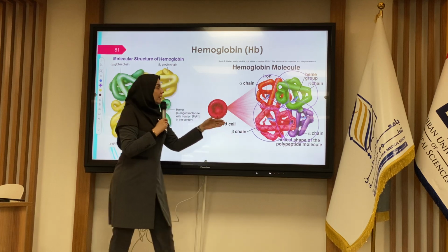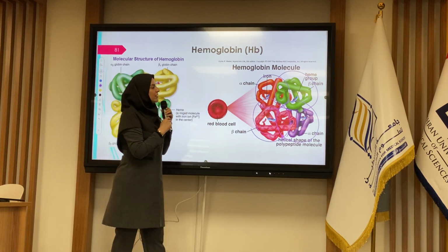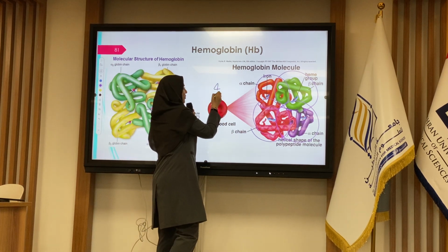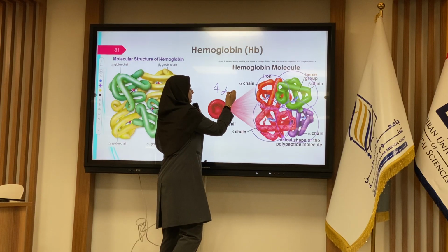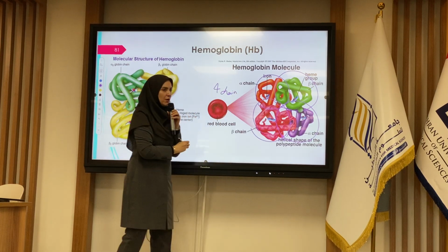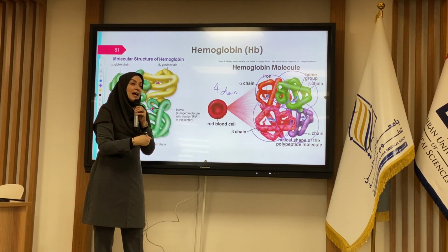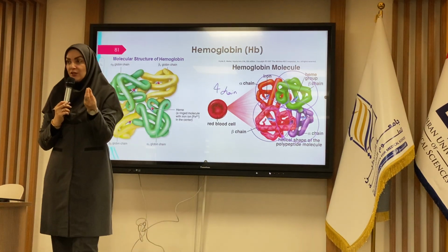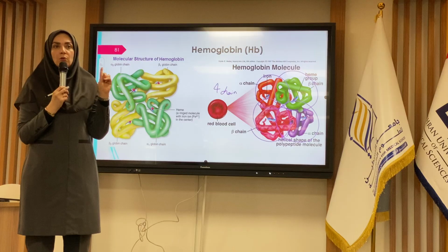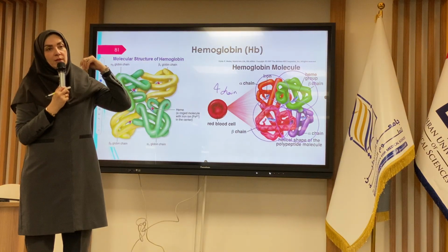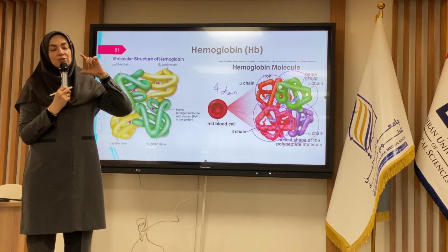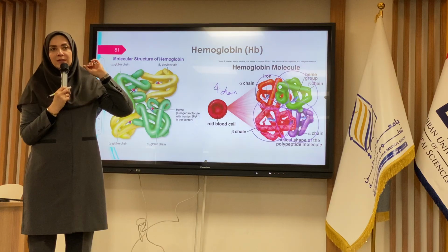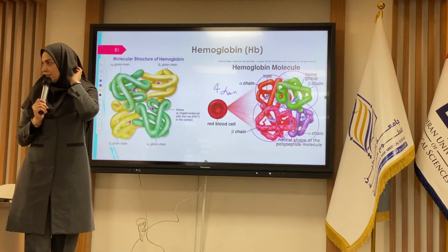Because hemoglobin has 4 chains, there are 4 heme groups. Another question: how many oxygen molecules will bind to each molecule of myoglobin?